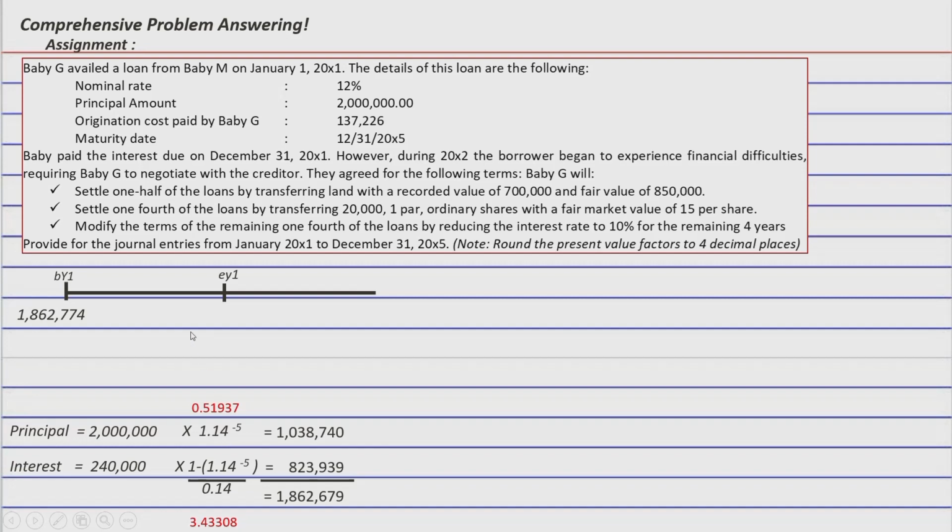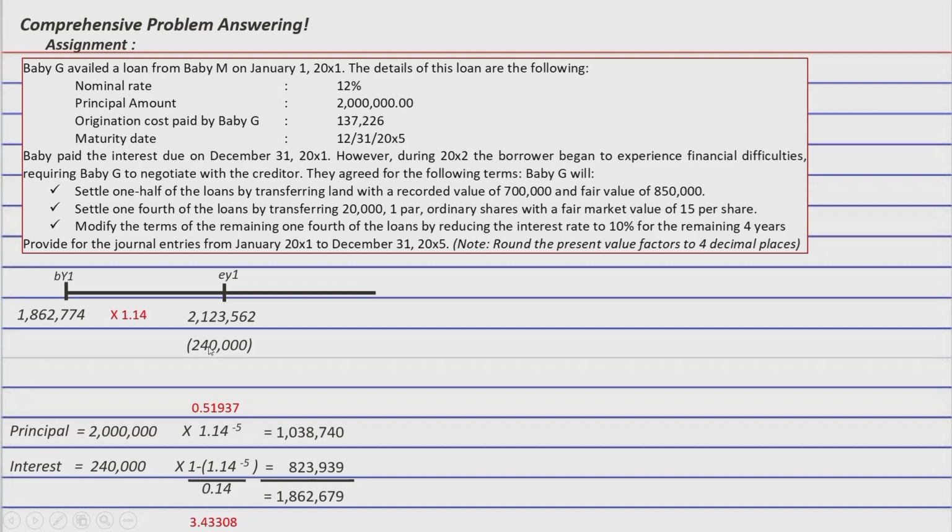Now, since we have that already, then we can continue the timeline. So 1,862,774 times 1.14 equals 2,123,562 minus 240,000, because according to the problem, Baby G still paid interest at the end of 20X1 or end of year 1.